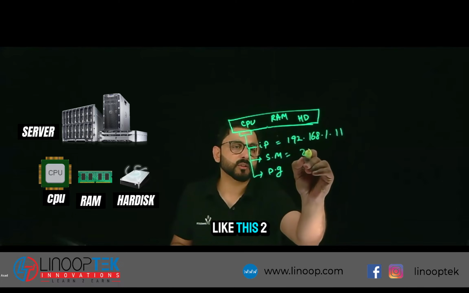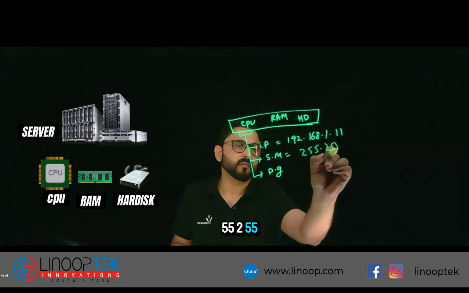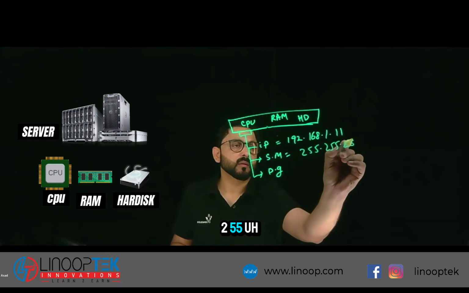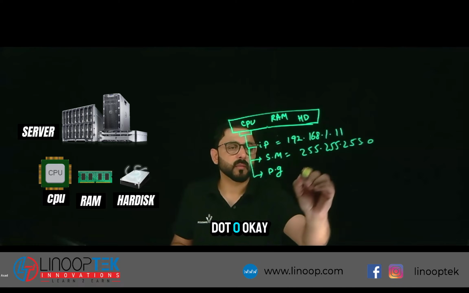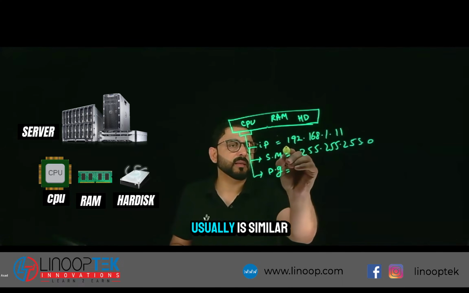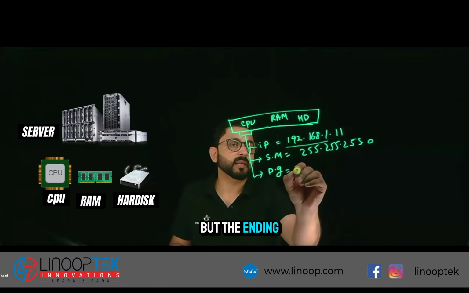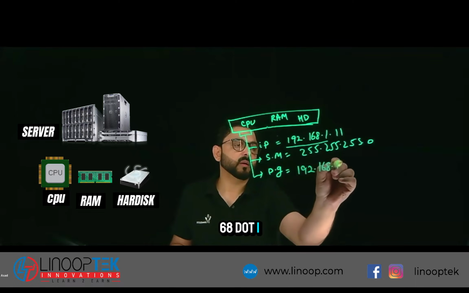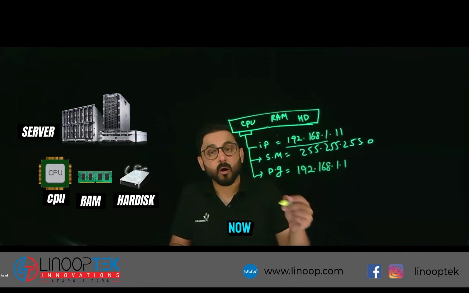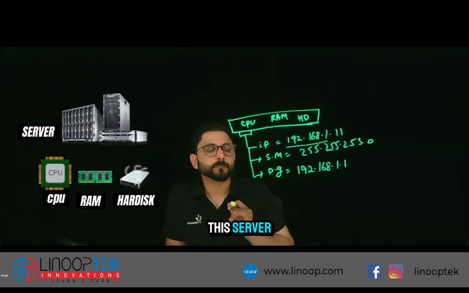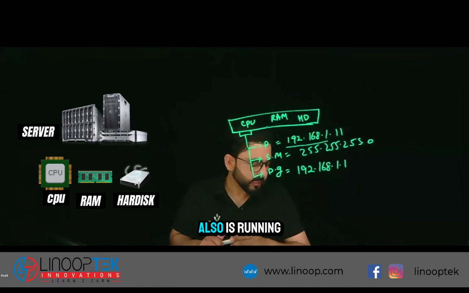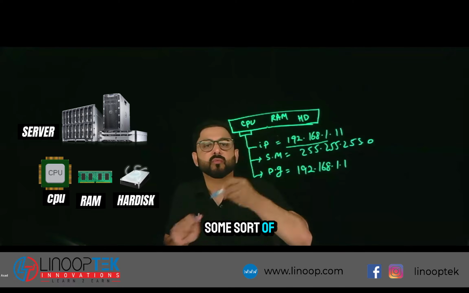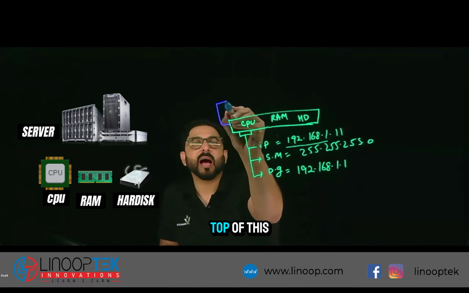The subnet mask looks like this: 255.255.255.0. And the default gateway is usually similar to this, but the ending is always 192.168.1.1.